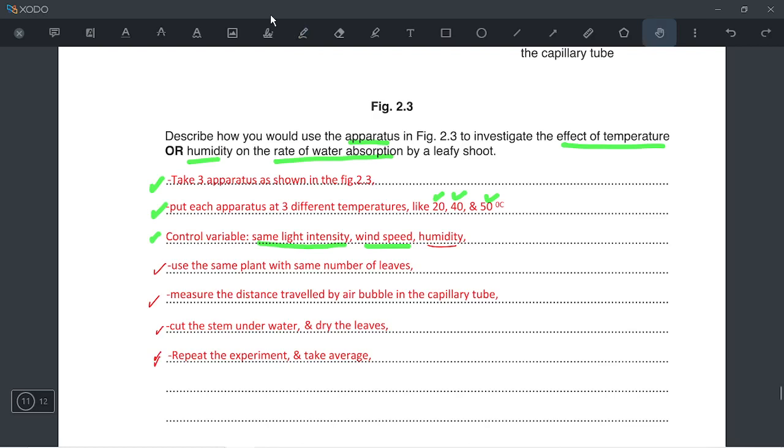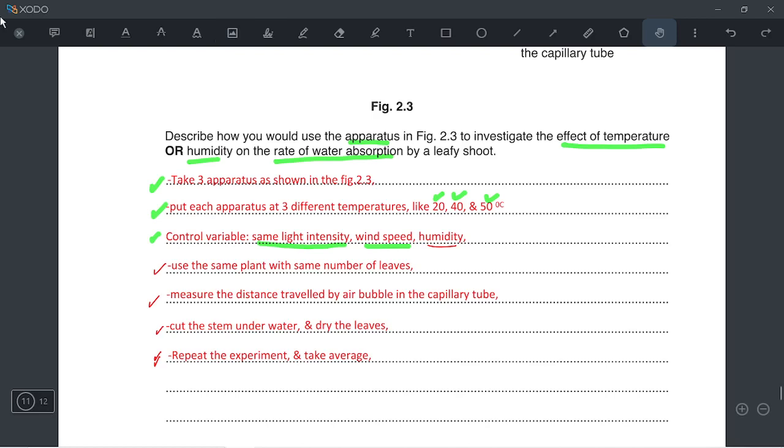So the independent variable is the condition, the 3 different temperatures. The dependent variable is the result, the rate of absorption of water, or the distance traveled by the air in the capillary tube.